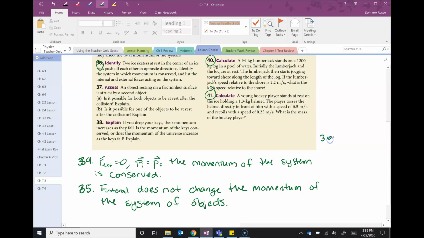So for number 36, the system is the two skaters.